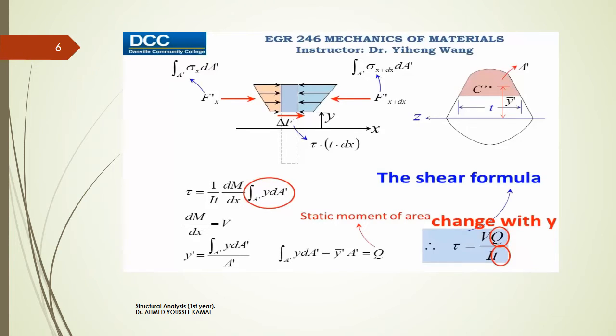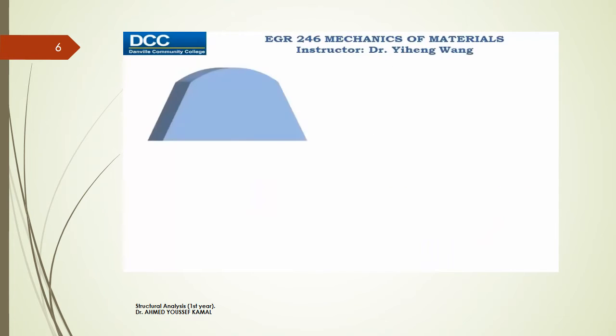Q, again, is the static moment of an area, and t is the width of the top segment. So for this top segment that we just analyzed, if we focus on a small differential element here and zoom in on this element, according to our previous analysis, shear stress develops at the bottom of this element. The magnitude is determined by the shear formula to be VQ over It.